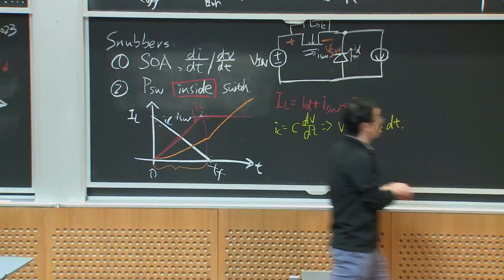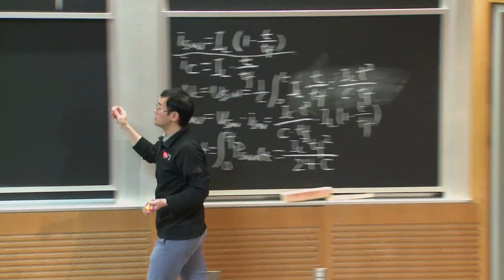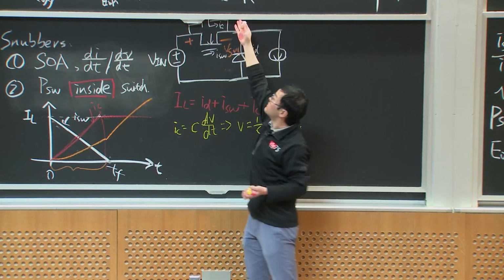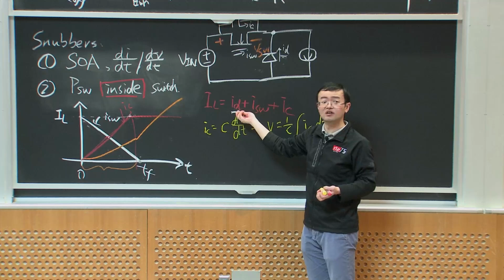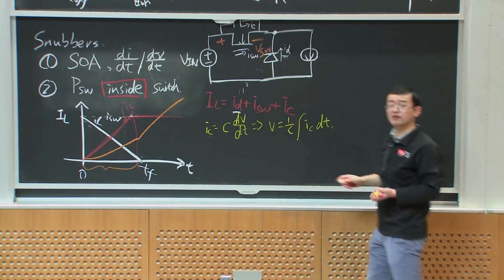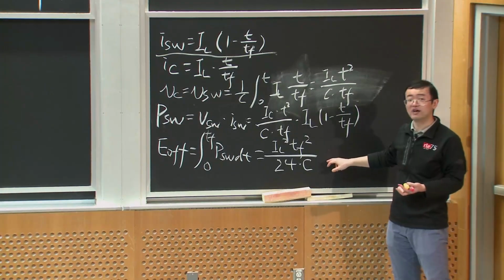And previously, because we don't have another alternate path for current to flow, we need to wait until this ID. Yeah, but ID is still 0 at this time.